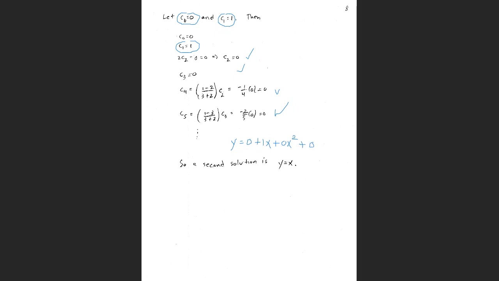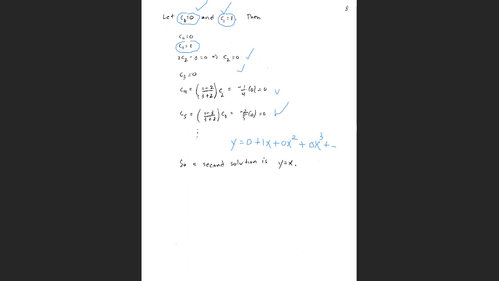Why not have C sub 1 and C sub 0 both equal 1 here? Is there any particular reason we chose this for the second solution? We have to put in our beginning values for those first two coefficients, and we want to keep our power series simple.